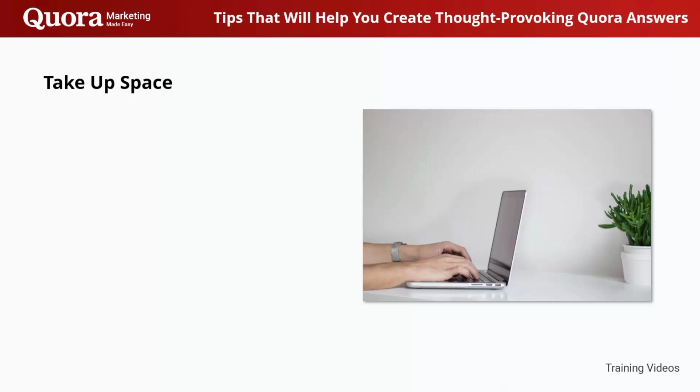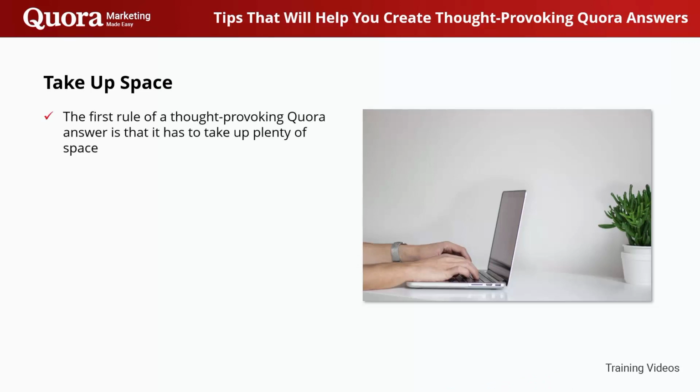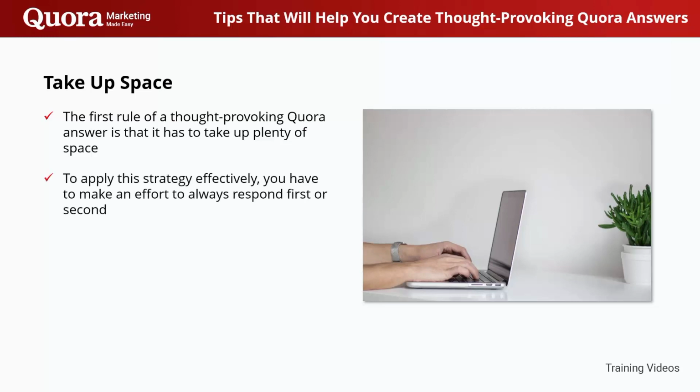Take up space. The first rule of a thought-provoking Quora answer is that it has to take up plenty of space. Be bold and disrupt the Quora user experience in a positive way by creating answers that don't leave much spare room for others to contribute. To apply this strategy effectively, you have to make an effort to always respond first or second.